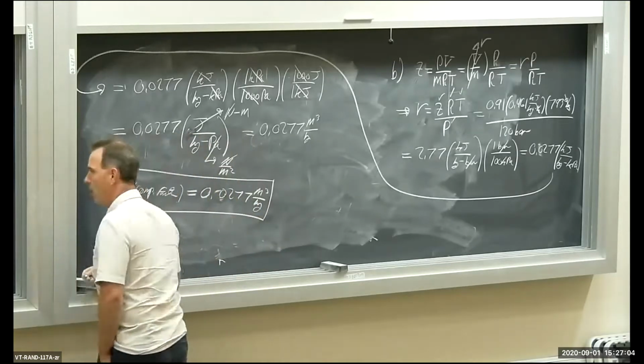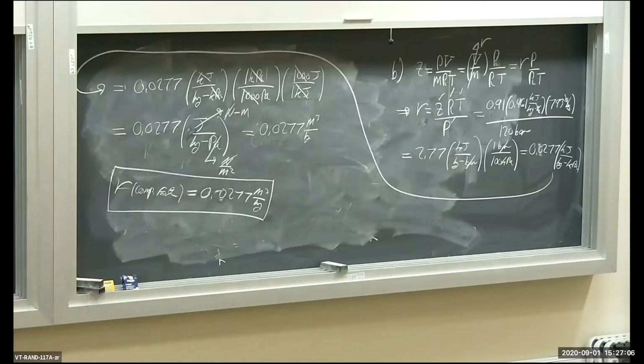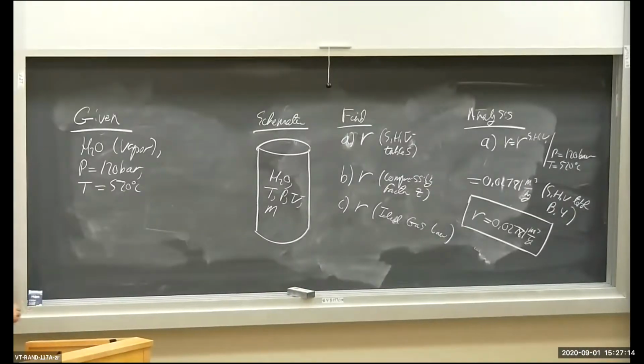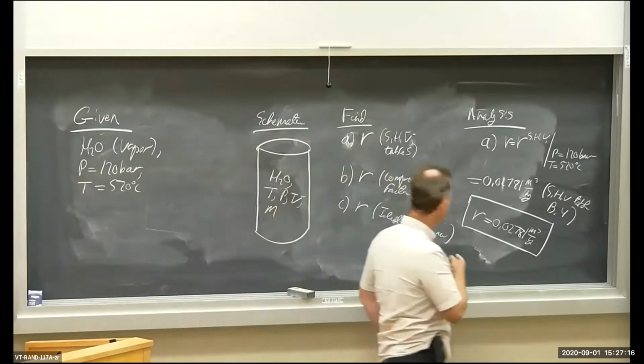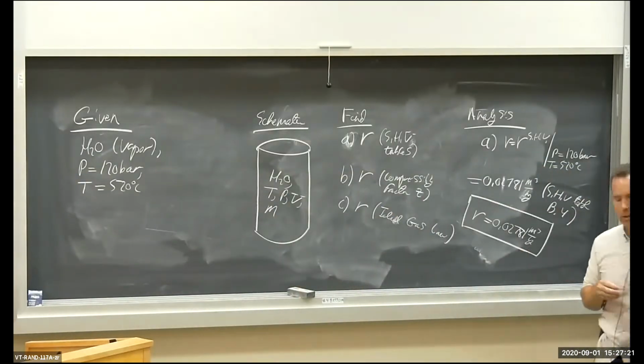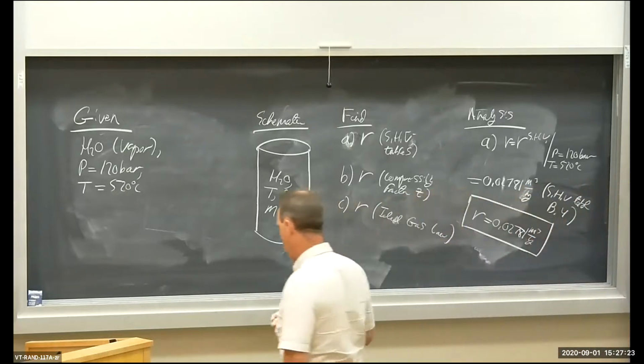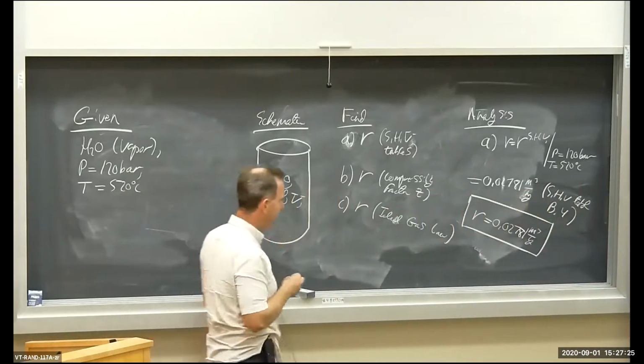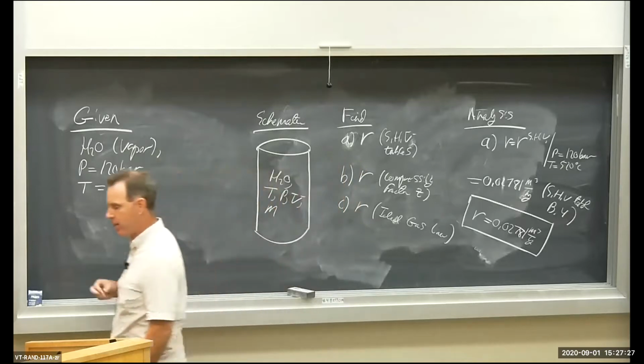Okay? Now let's compare what we got using the tables. Using superheated vapor tables, we got 0.0278 cubic meters per kilogram. That is the specific volume at that temperature and pressure.